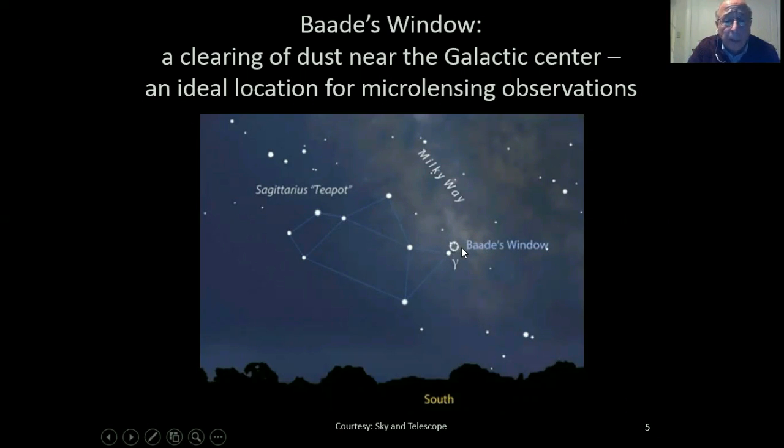And that has become the primary area where microlensing has taken place, because there's not that much dust that obscures some of the source stars in the middle of the Milky Way. So Baade's window is a particular area very close to the galactic center that microlensing observations focus on.